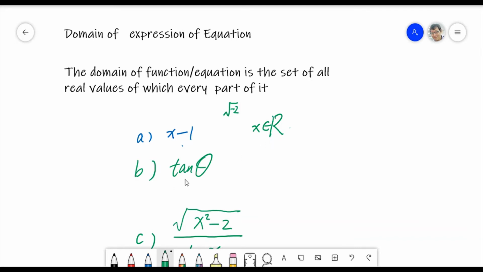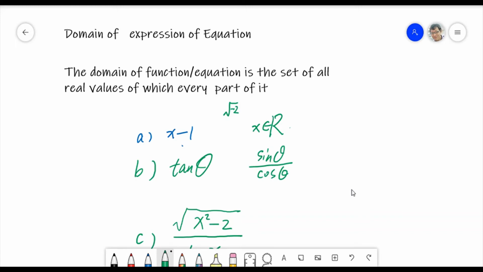How about the second one, tangent theta? You can draw the graph of tangent theta, but here I use another way. Tangent theta equals sine theta divided by cosine theta, right? Sine theta can be anything, I don't think there's any problem.